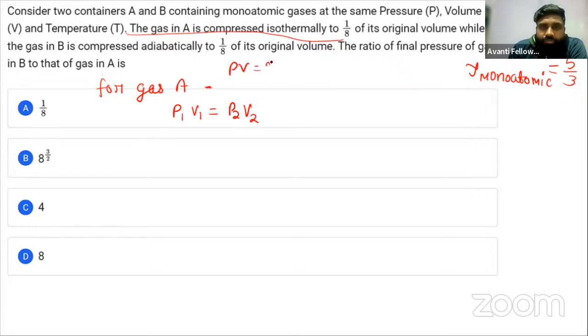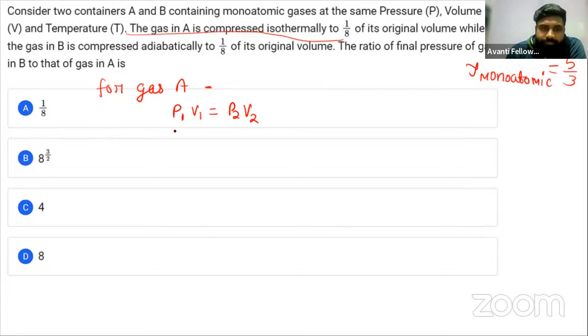PV is equal to nRT, so this will also become constant. So we can say PV is equal to constant, and from that we draw the relation P1 V1 equals P2 V2.